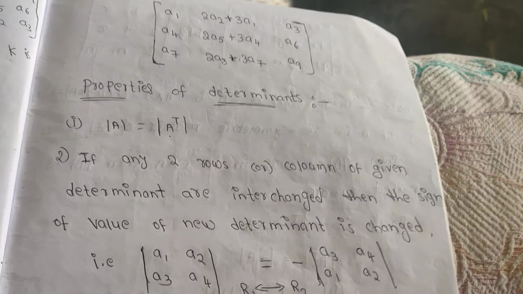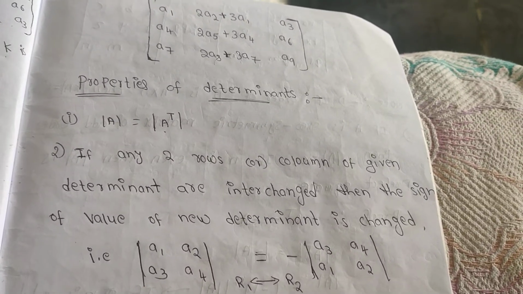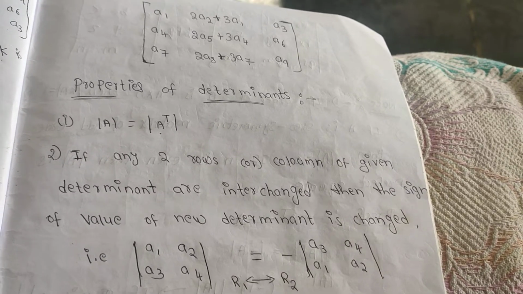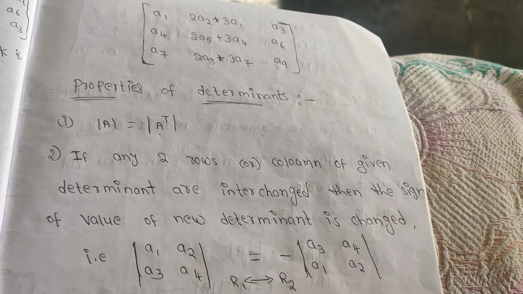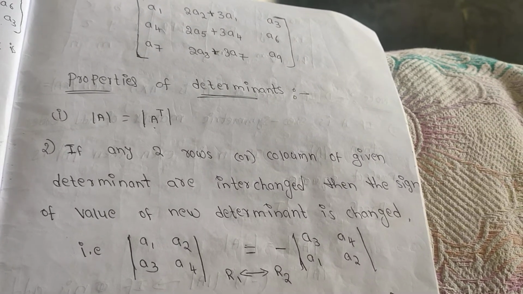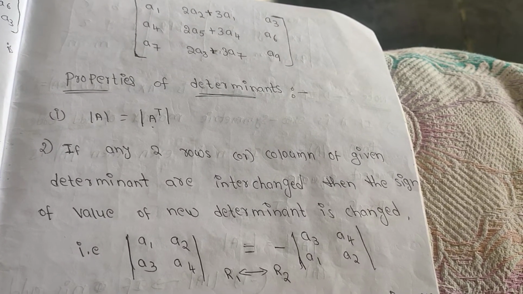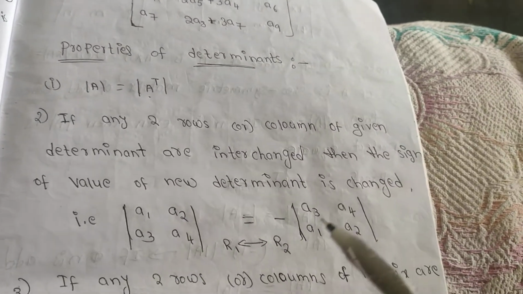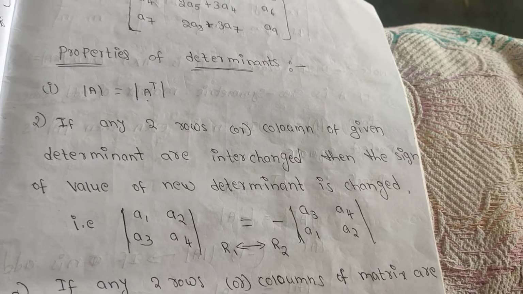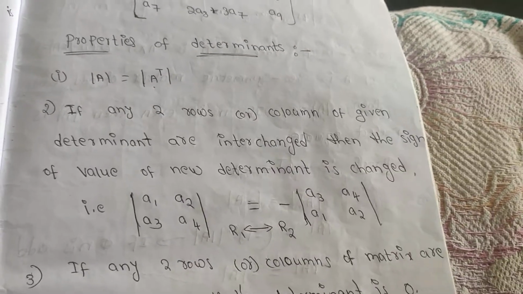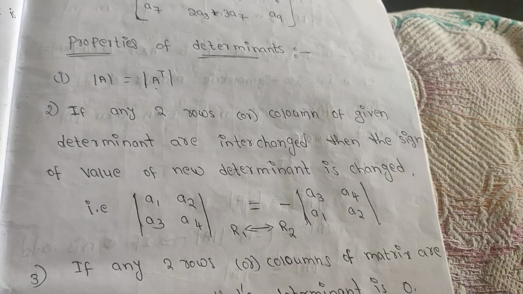That means if the original determinant value is, for suppose, 3, then after interchanging two rows or two columns the determinant will be changed. What will be changed? Only the sign. If the original determinant is 3, then the new determinant value is minus 3. If the original value is minus 3, then the new determinant is plus 3.